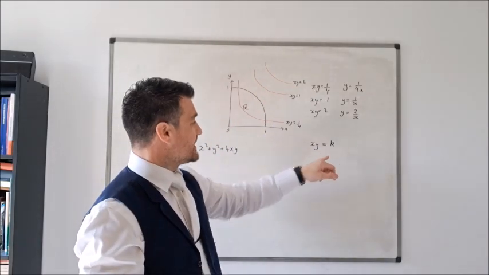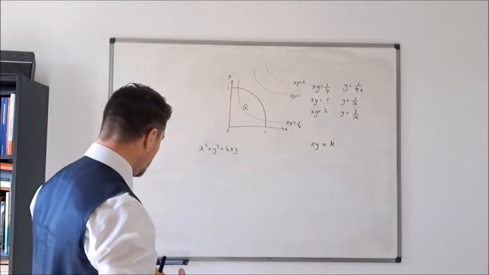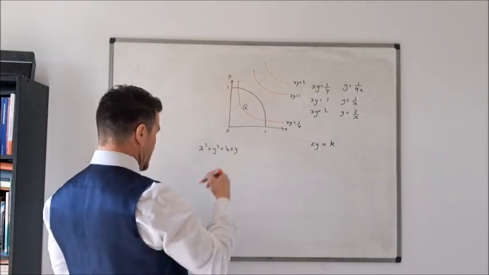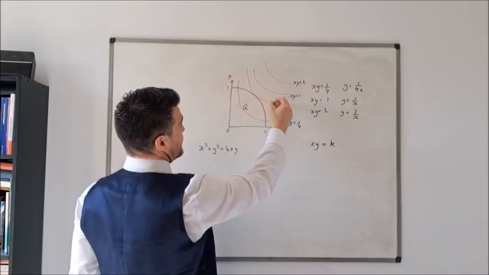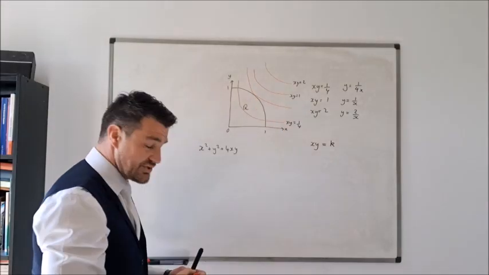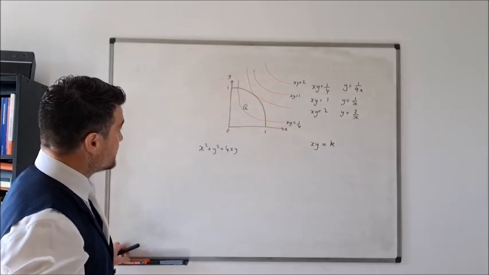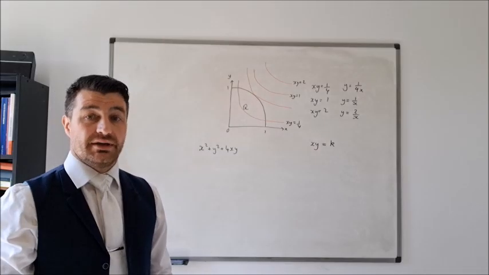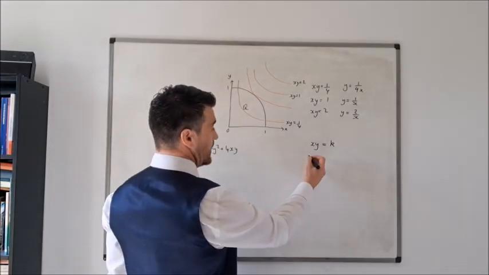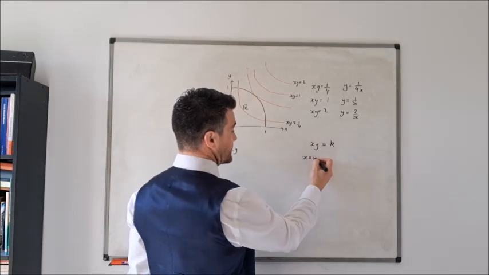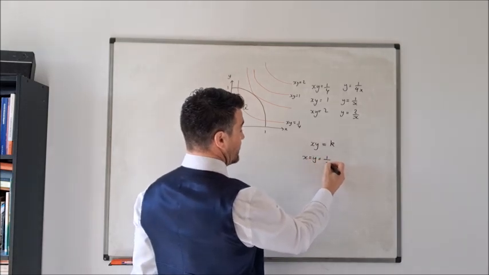So if I want to maximize the value of k, when's that going to occur? Well, it's going to occur when xy equals k is going to be, again, tangent to the region Q. And again, by the symmetry, this is going to occur when x equals y equals 1 over root 2.